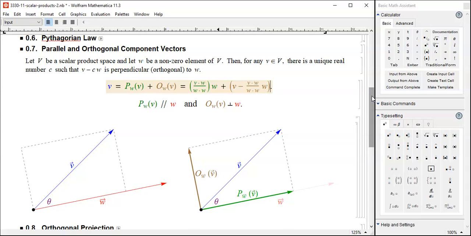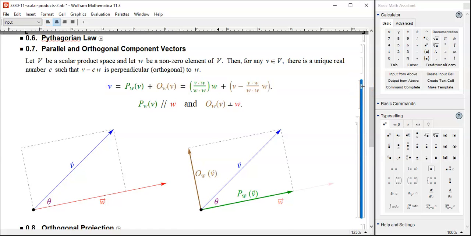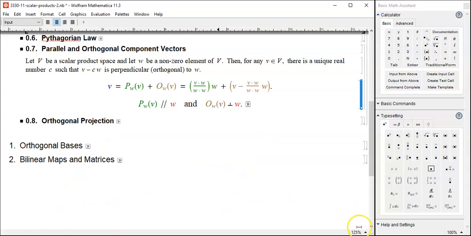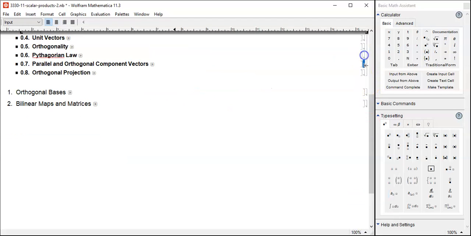Okay, this is for just one vector, w, so that we can find out the parallel component vector and orthogonal component vector, green and brown like this. Now what if we have more than one such direction vectors, w1, w2, w3, w4, and so on and so forth? It's this one.